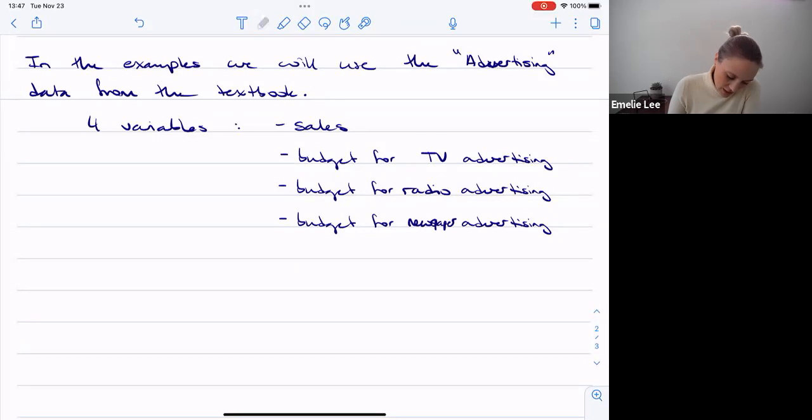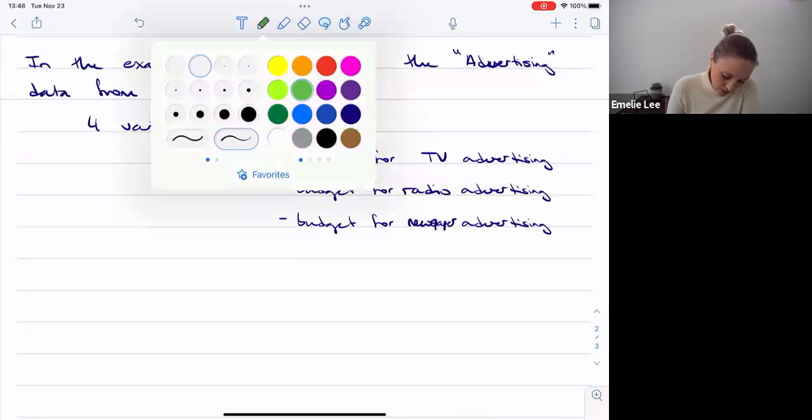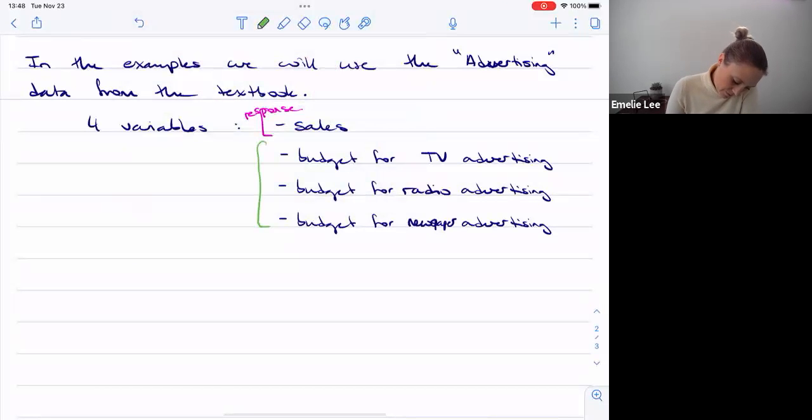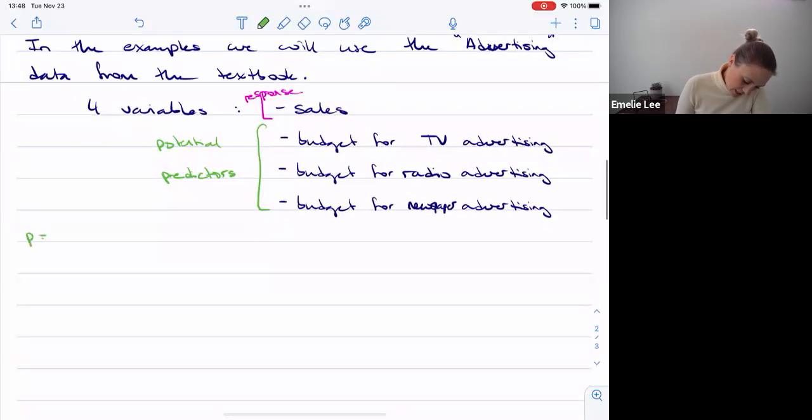Okay, and so here, this is our response. We're interested in the sales. And then the other three would be our potential predictors. We use P as the number of potential predictors in general.